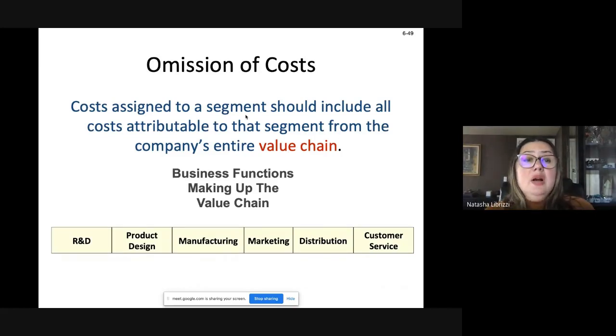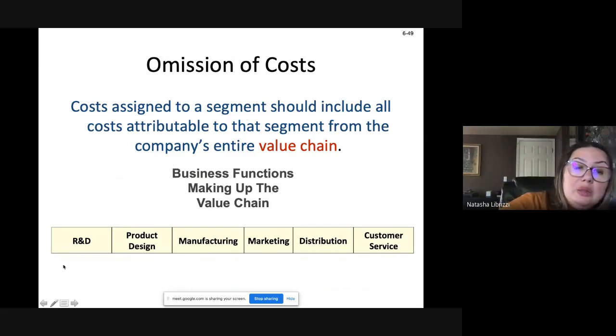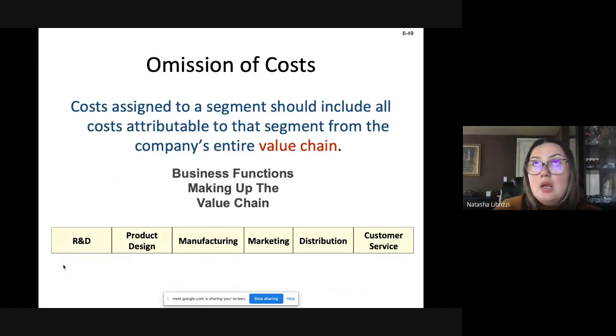Omission cost. What costs we don't include? Research and development, product design, manufacturing, maybe retooling type of stuff, marketing, distribution, customer service. So costs assigned to segment should include all the costs attributed to the segment from the company's entire value chain. But there might not be included into the product itself if it's overall operation related.